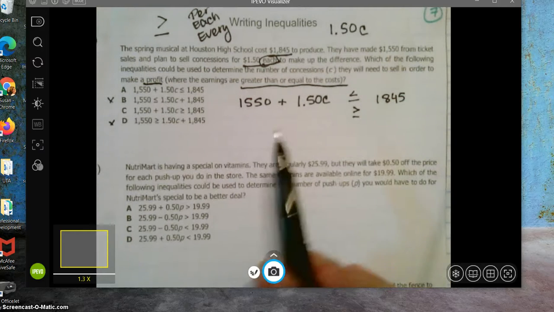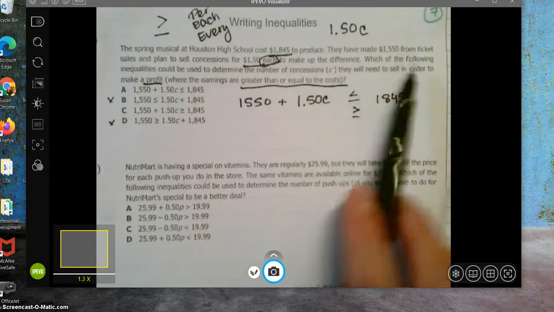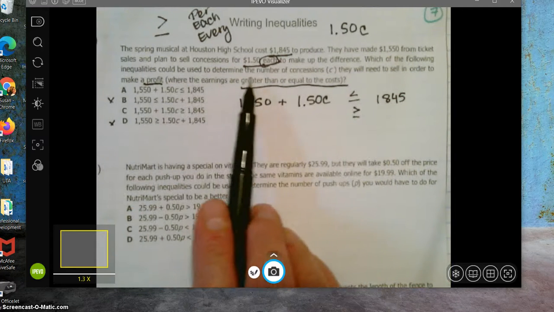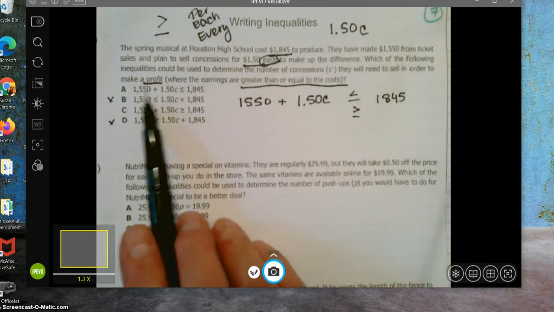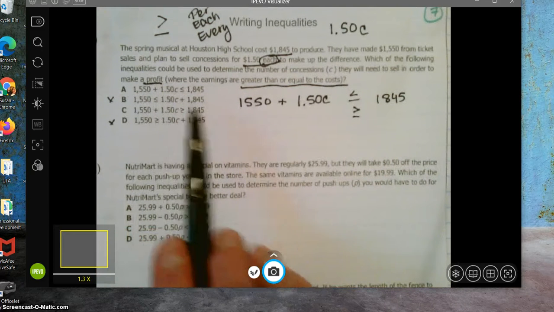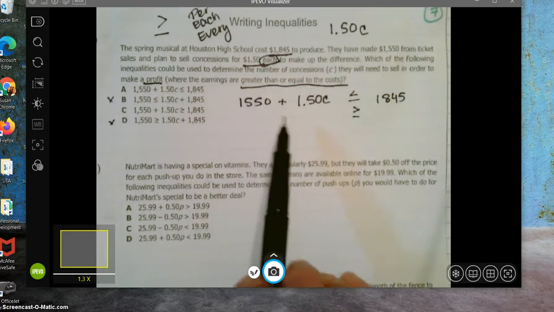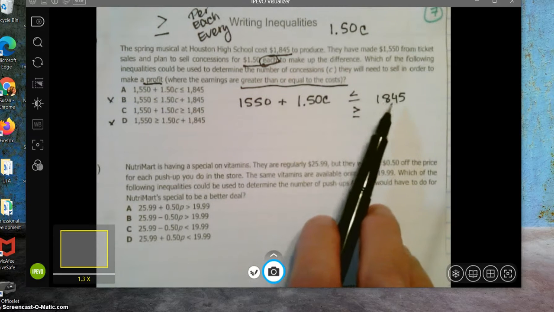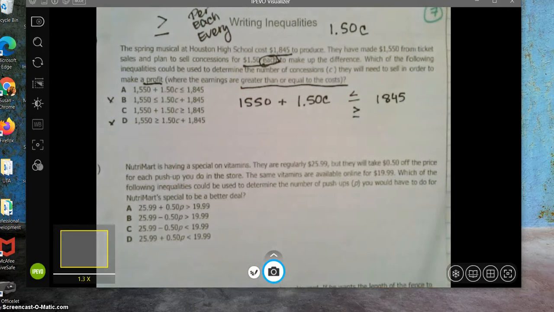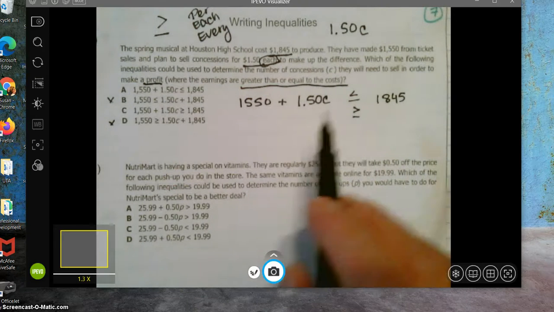So it says, which of the following inequalities could be used to determine the number of concessions they will need to sell to make a profit? Okay, so remember it says the profit means it has to be greater than or equal to the cost. Well, here's my cost.